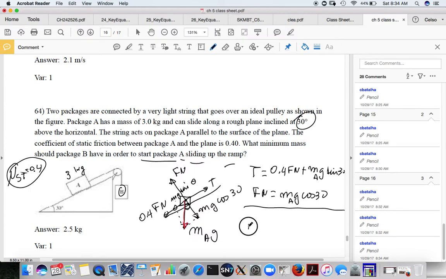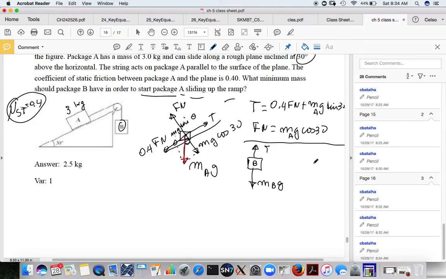So when you think about block B, block B has its weight and has the tension. Since this is about to move but it's not moving yet, the acceleration is none, so mBg is equal to tension. But tension is this number here.